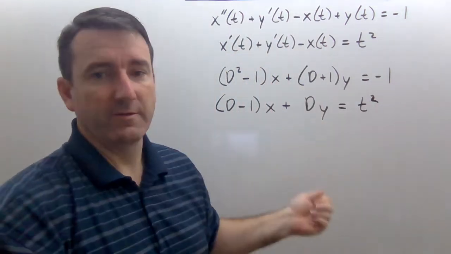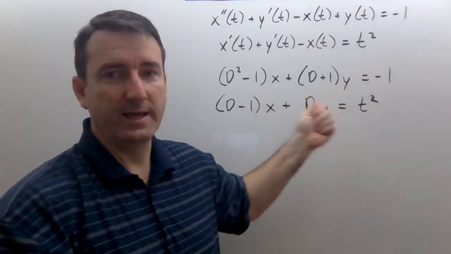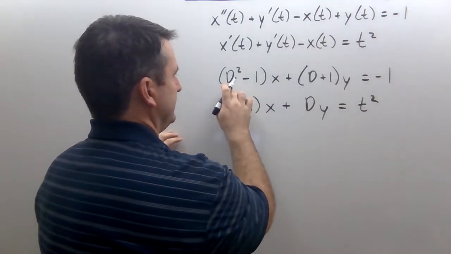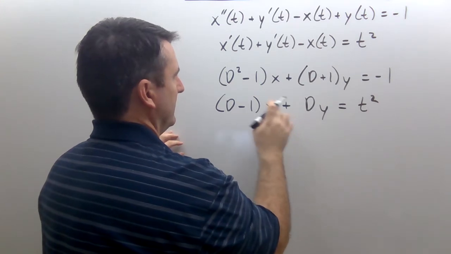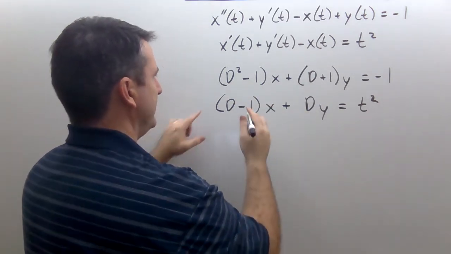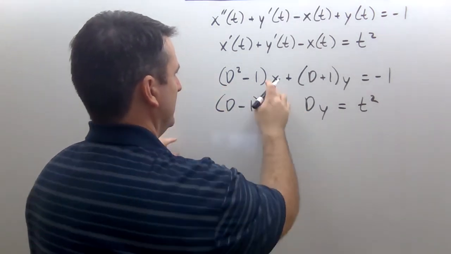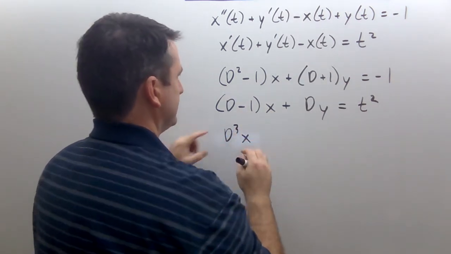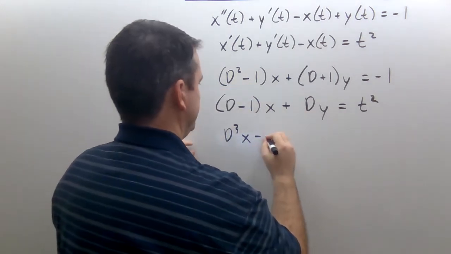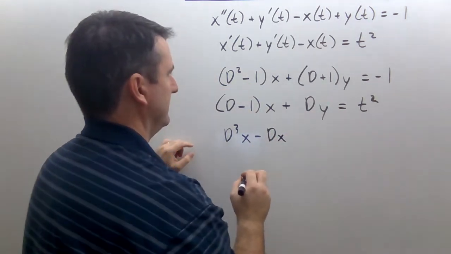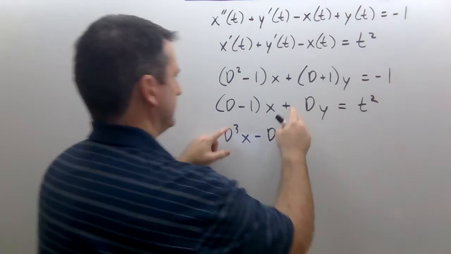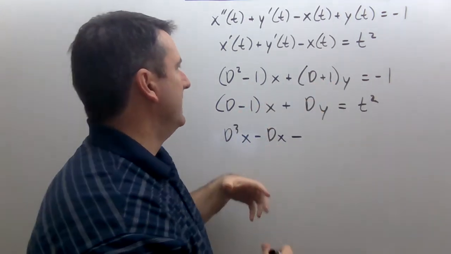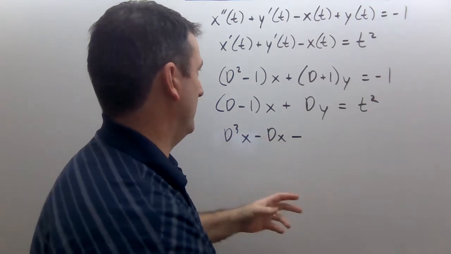So there we have operator form, and now let's eliminate the y by multiplying this times this, so we get D squared minus 1 times D. That's going to give us D cubed x minus Dx minus these two multiplied together. D minus 1 times D plus 1 is D squared minus 1.